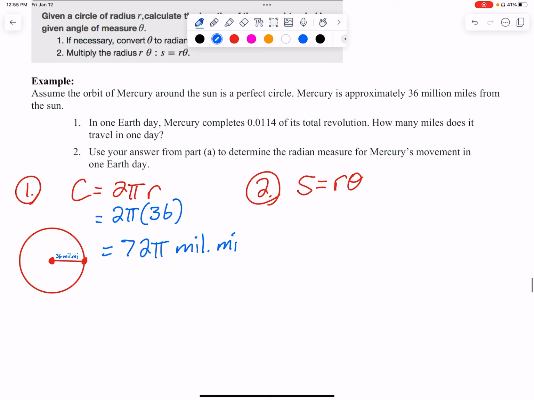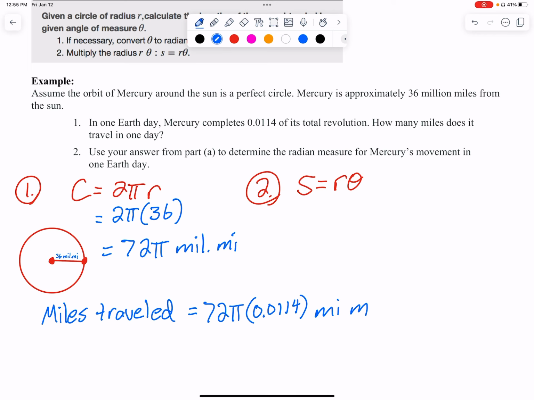We can figure out the miles traveled of Mercury in one Earth day, because I can use the same formula, right? Miles traveled would be the 72 pi. That's my circumference. And I only want one portion of it, right? So 0.0114. And that's going to be million miles.